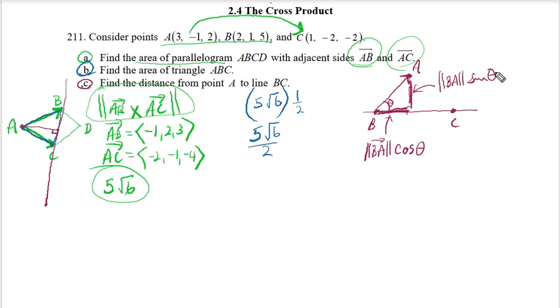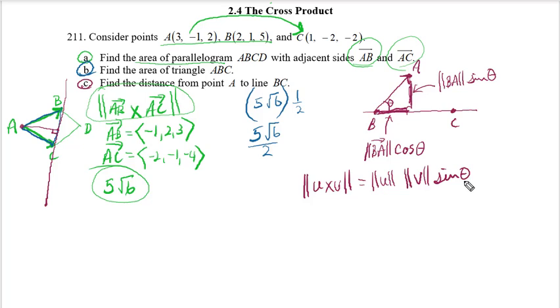Now, we had in one of our videos a list of properties for the cross product, and one of the properties said that the magnitude of the cross product of u and v was the magnitude of u times the magnitude of v times the sine of the angle between them.